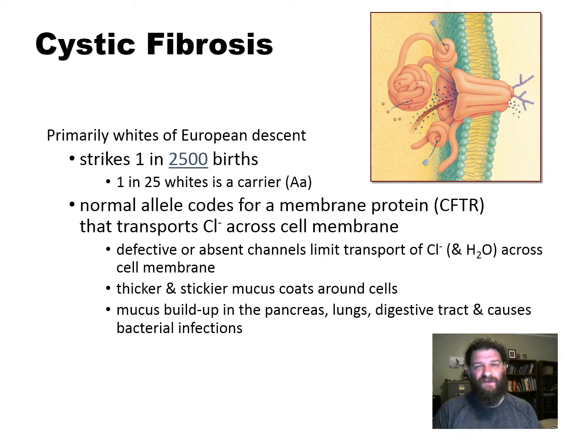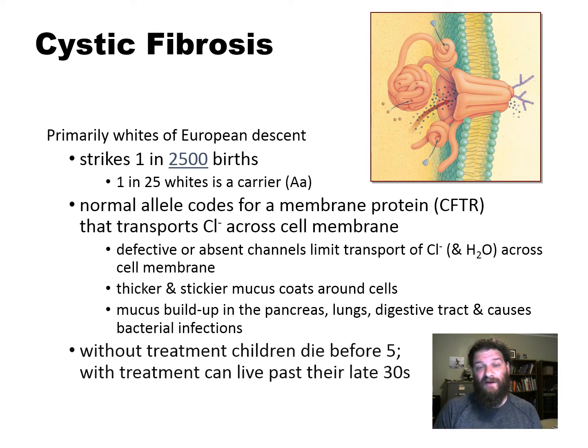It's stickier and thicker and traps more bacteria, and because it doesn't move, you end up with more bacterial infections, to the point where untreated life expectancy is pretty low, and even treated life expectancy is also lower, though it keeps getting better and better and better.